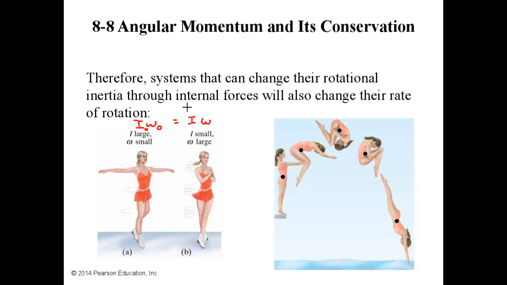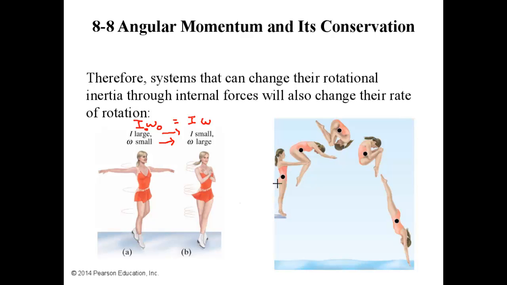Her angular momentum must be a constant. Since I has gone from being a large quantity to a smaller quantity, her angular velocity must go from being a small quantity to a large quantity through the conservation of angular momentum.